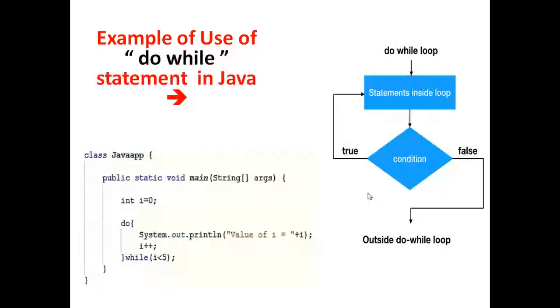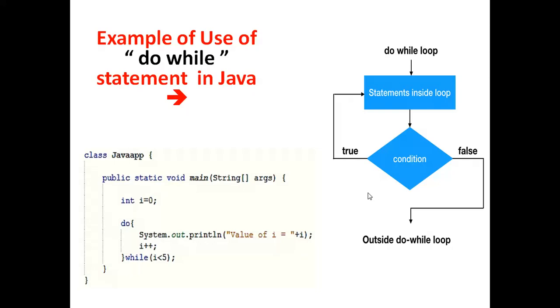Now we'll see another type of conditional statement, that is do while. The difference between while and do while is very simple. In do while, it will not check the condition first. First, it will execute the code and at the end, it will check the condition. We'll see from the diagram.